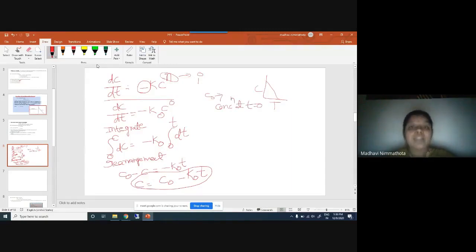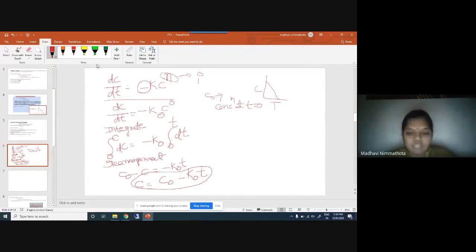That means the initial plasma drug concentration at time 0. Both are initial, so these two are zeros. And what do you mean by C? This is the plasma drug concentration at time t. That is nothing but C.